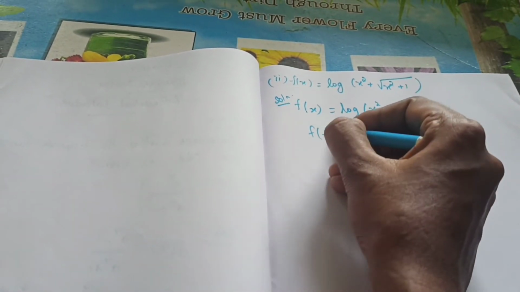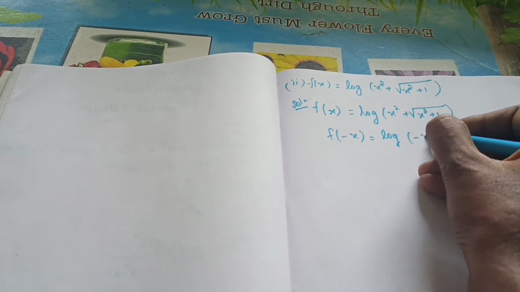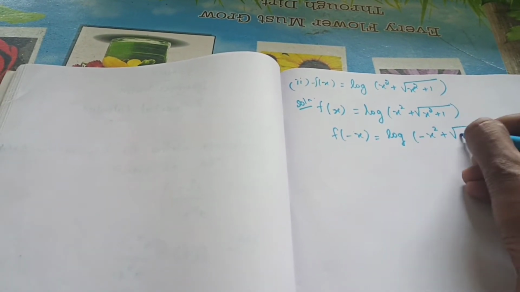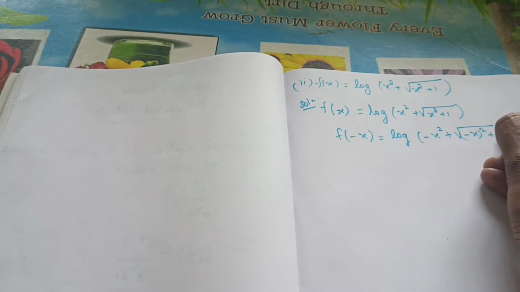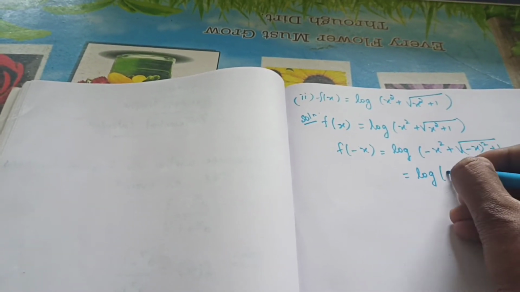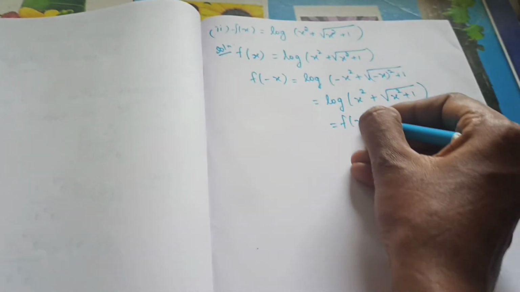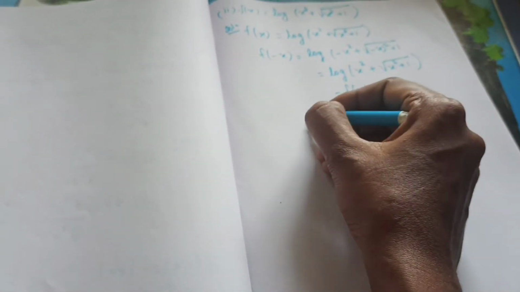So f of minus x, what will you obtain? Log of minus x square plus square root of minus x the whole square plus 1. So what will you get? Log of minus x square means x square, plus square root of minus x the whole square means x square plus 1. It is the same as f of x, correct? So f of minus x is equal to f of x.